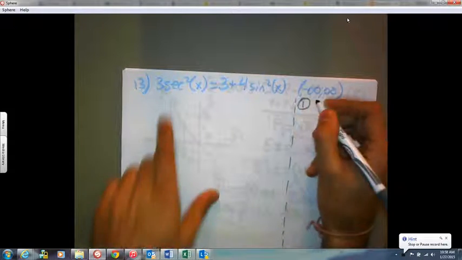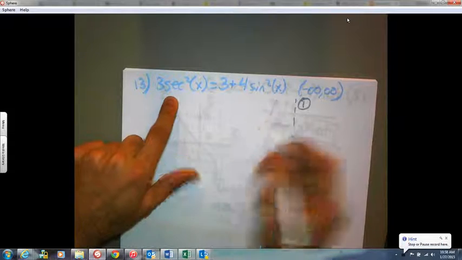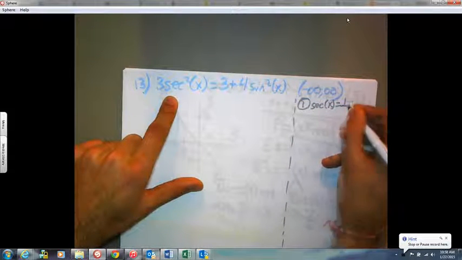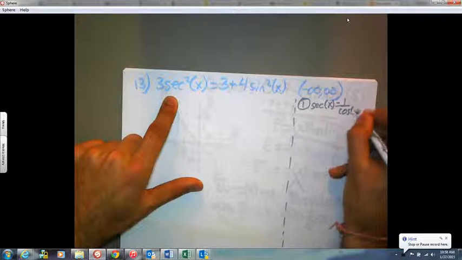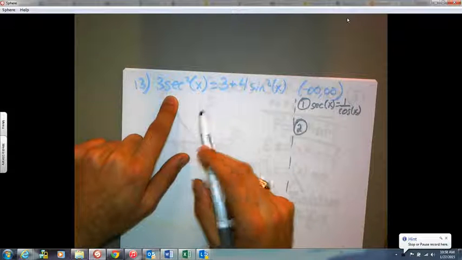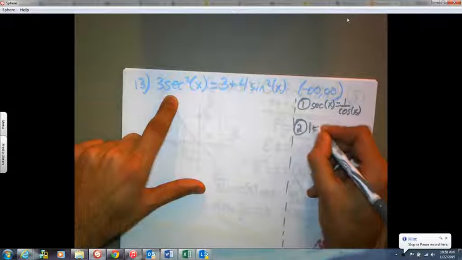Remember, step 1 is you need to write down the various identities you might use. So I just start on the left and go right. Secant of x equals 1 over cosine of x. Number 2, secant squared, we remember, is 1 plus tangent squared of x equals secant squared of x.